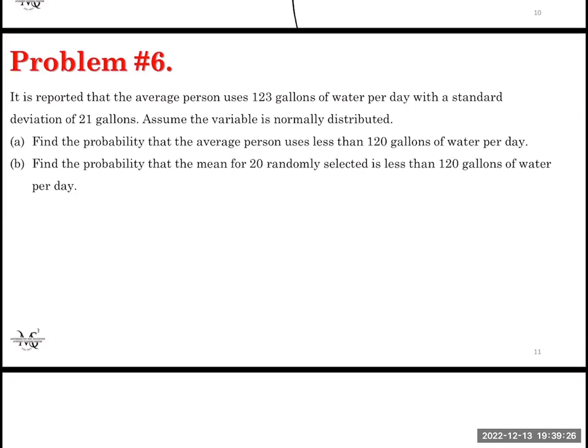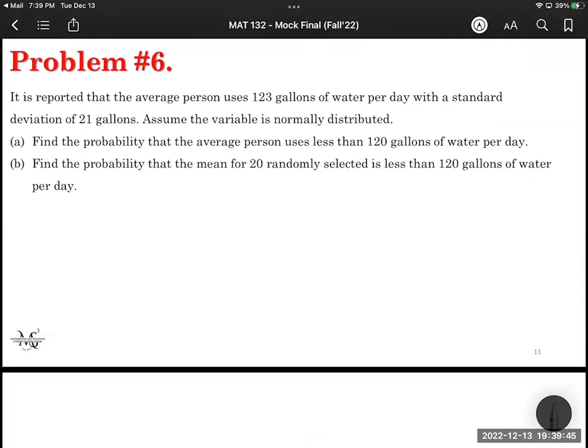Okay, so part A and part B are almost similar, just the wording is different, and because the wordings are different, the formulas that you use for part A and part B, if you're doing them by hand, are slightly different. Now, when you read part A, one of the key words is the average person.